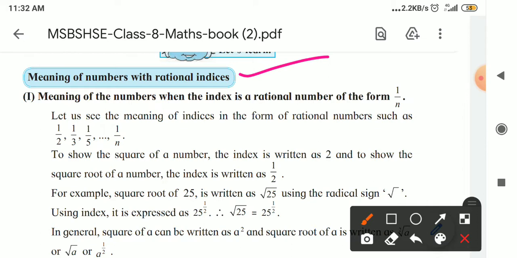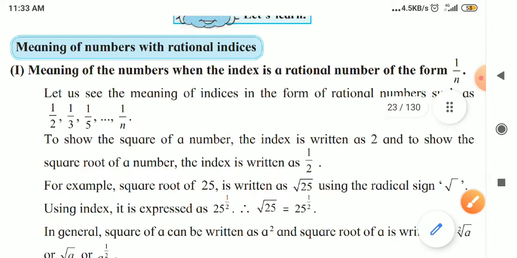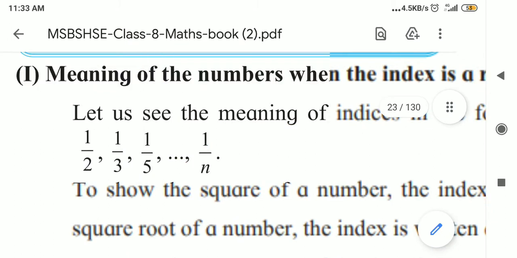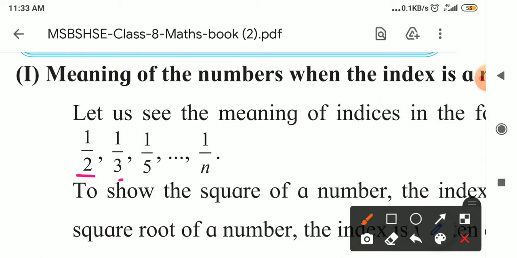So here the first is the meaning of numbers when the index is a rational number, of the form 1 upon n. If you see here, it is 1 upon 2, 1 upon 3, 1 upon 5, it may be 1 upon 7, 1 upon n.